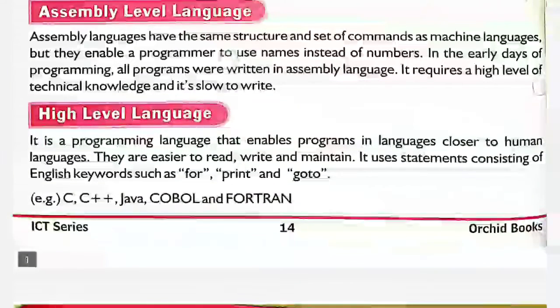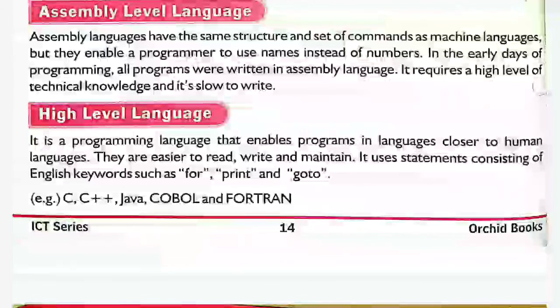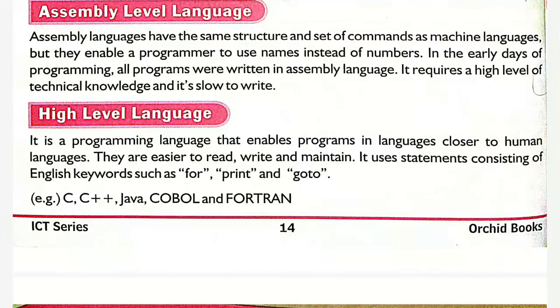Next is high level language. So it is a programming language that enables programs in language closer to human language. They are easy to write, read, and maintain. It uses statements consisting of English keywords such as for, print, and go to.